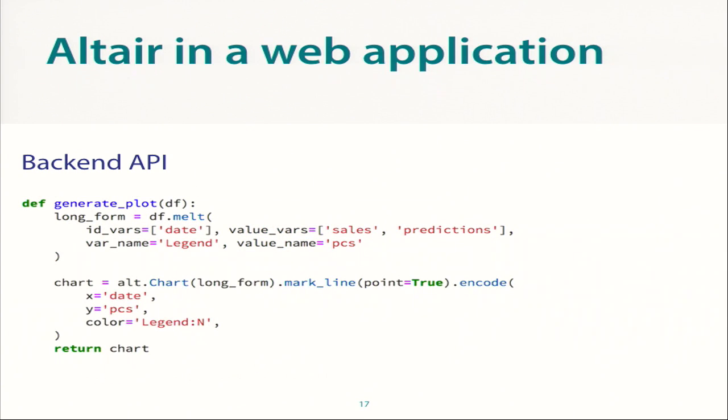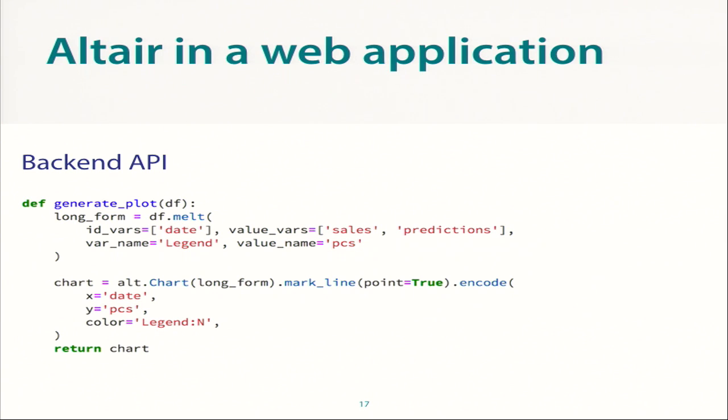And to create the plot, we have to transform the data before. I showed you the table we had with sales and predictions as separate columns, but that's a so-called wide form, and Altair works better with long form. So what we do is a melt.